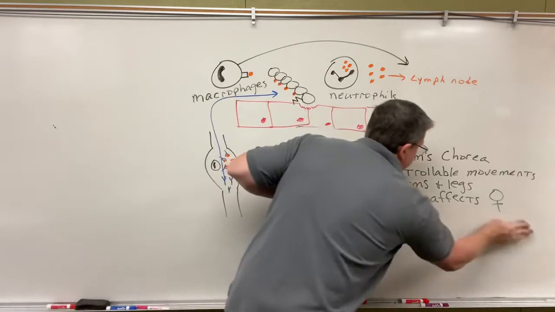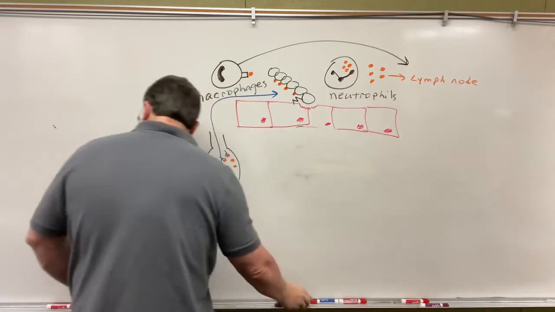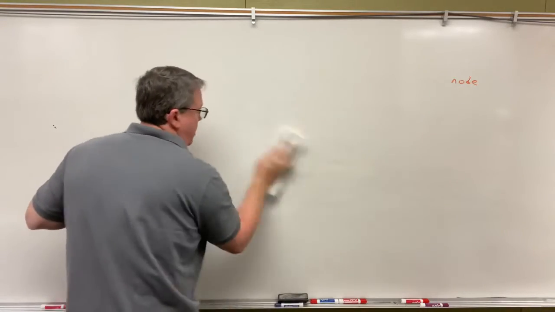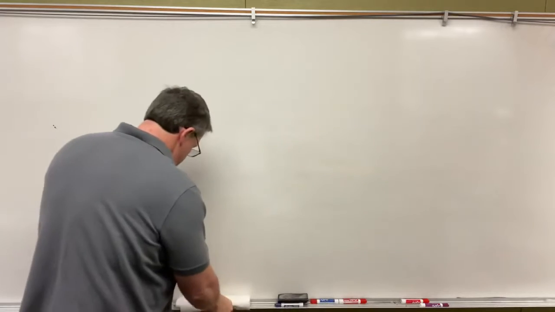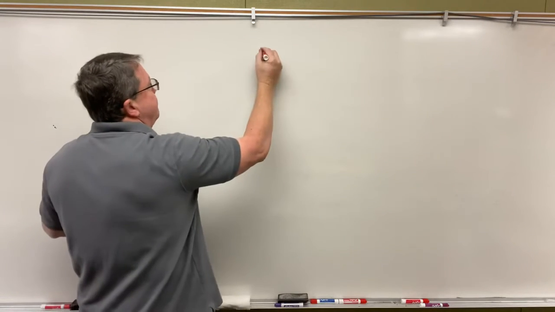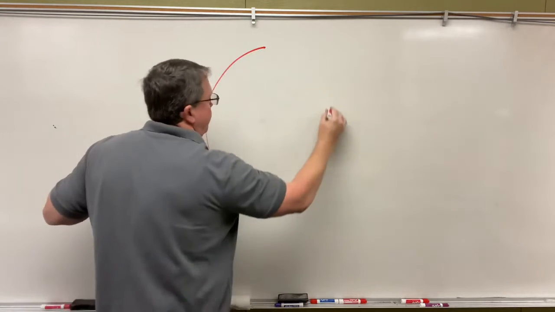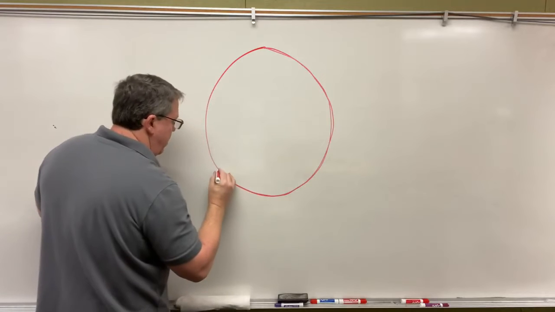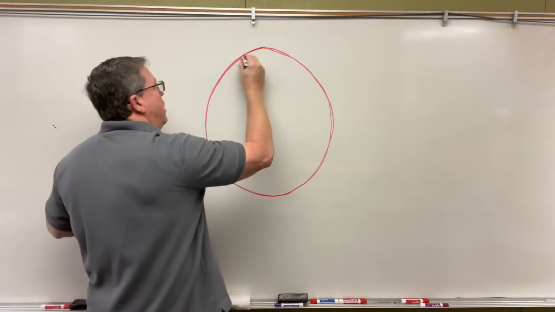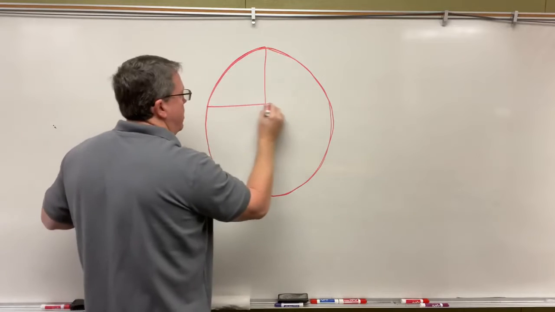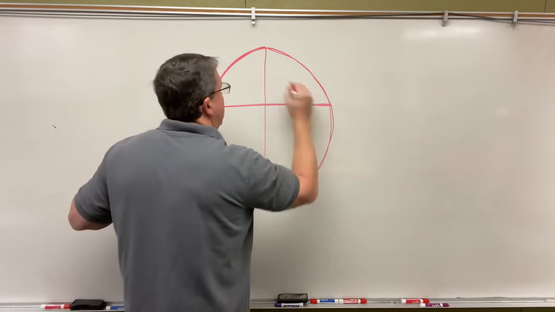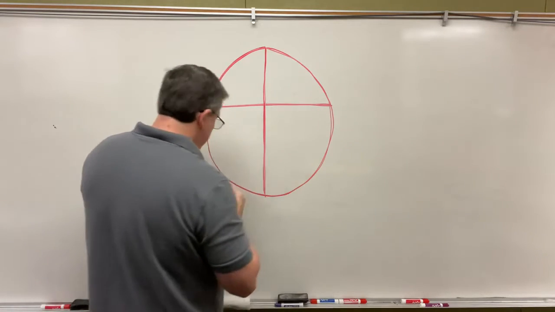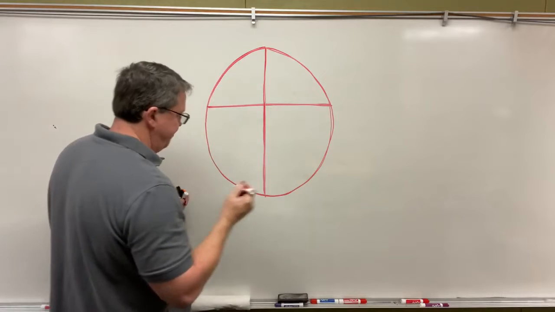And then the last one is going to be the heart. So here's my heart. All right, there's my heart. And what's going to happen here is you have 3 layers to the heart.